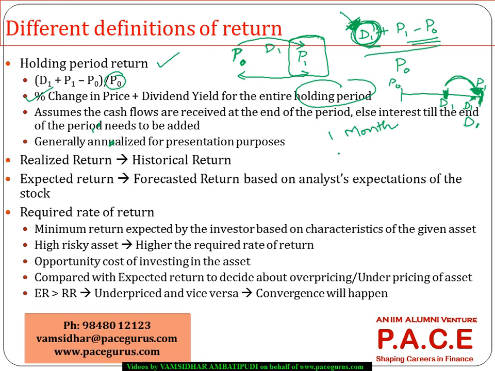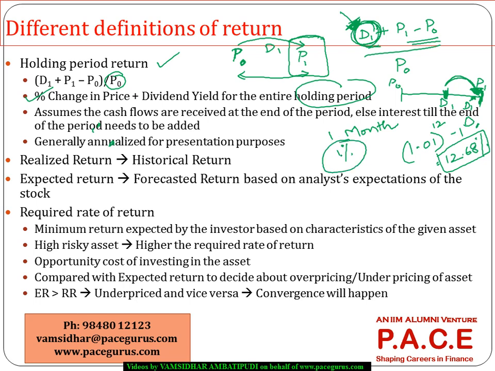Let's say your holding period is 1 month and you have got a 1% return during the month. Generally, when it is annualized, we say 1.01 to the power 12. We find the effective annual yield and probably say 12.68% is the holding period return for this particular investment.